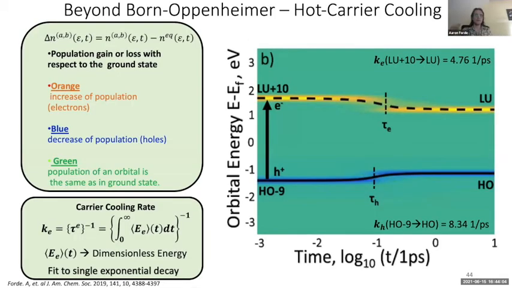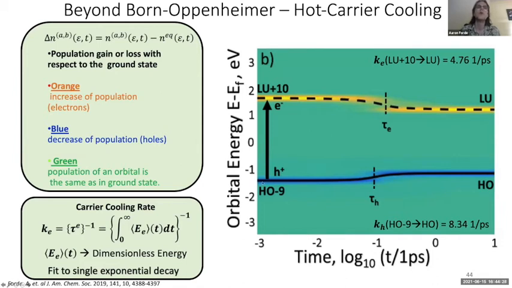Then to visualize the dynamics, I will use these green figures. So there's a lot of parts to them. The color codes correspond to photo-induced charge density. So the green is the neutral background, zero occupation, or the ground state occupation.